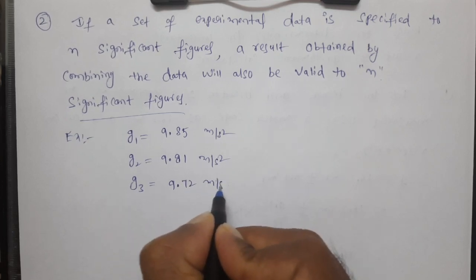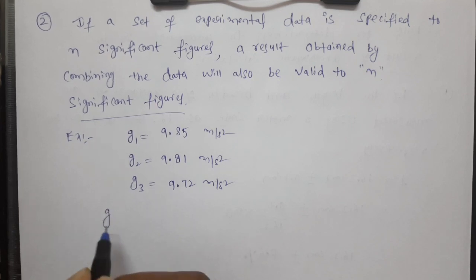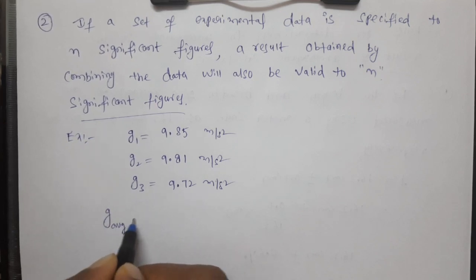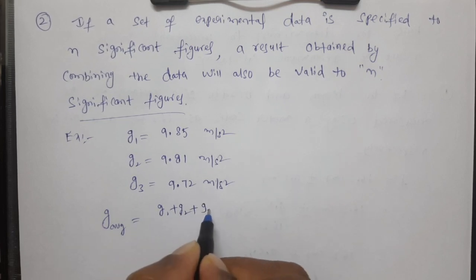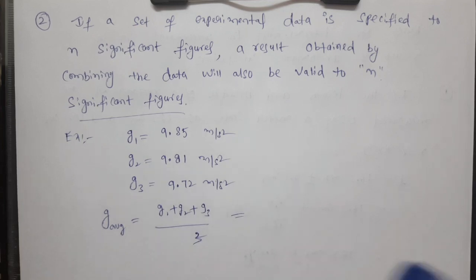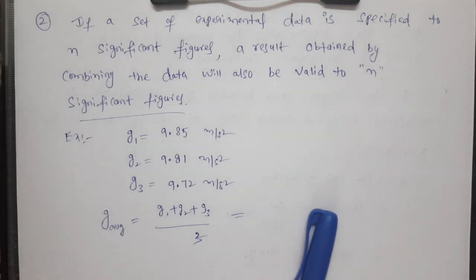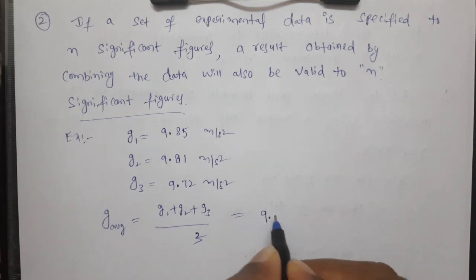Now the average of G, what do we do, guys? G1 plus G2 plus G3 divided by, sorry, 3. So how much do we get? We are getting 9.793333.